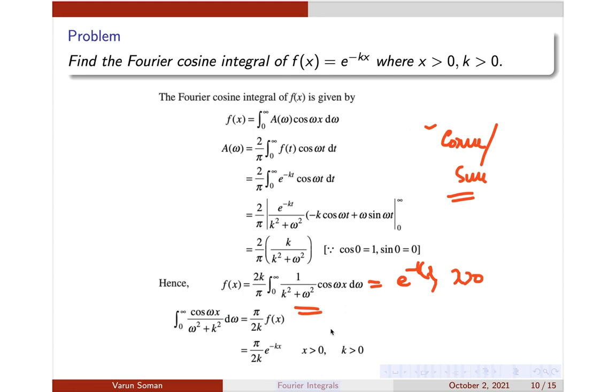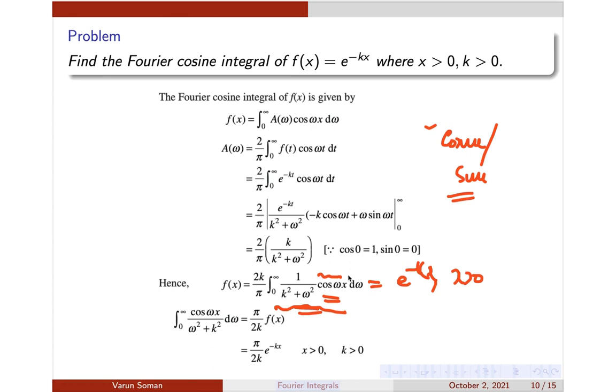If it contains only cos omega x, it is a cosine integral. If it contains only sin omega x, it is a sine integral. If it contains both cos omega x and sin omega x, you will have to expand the function as a Fourier integral.